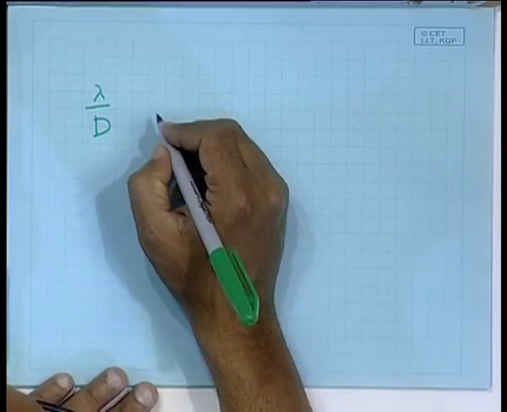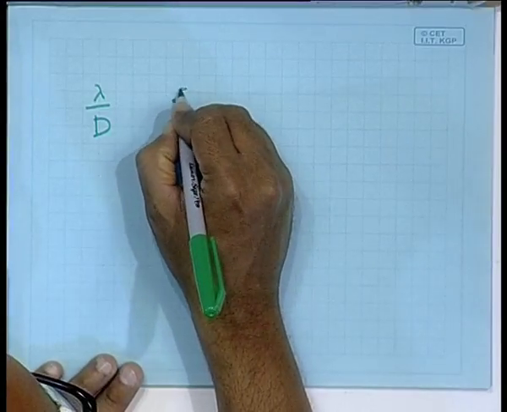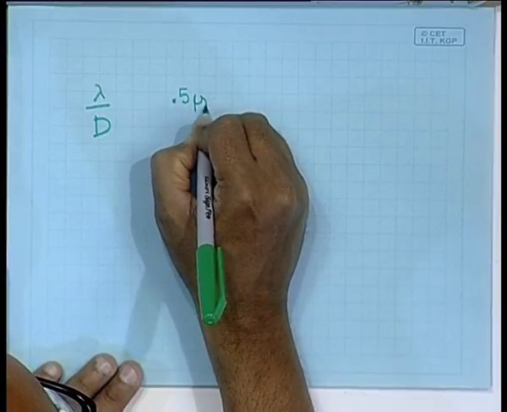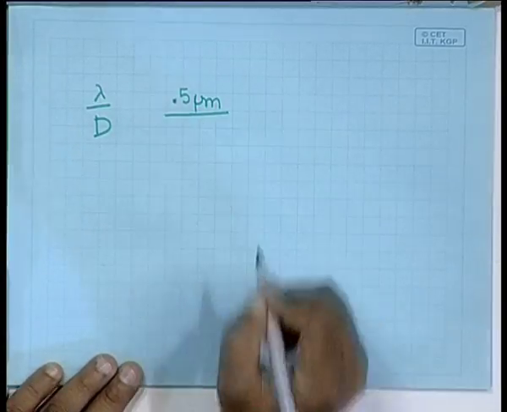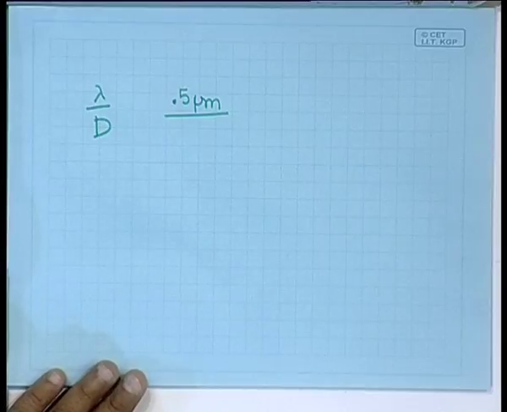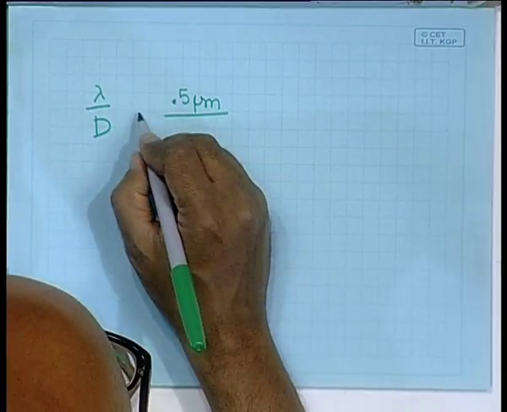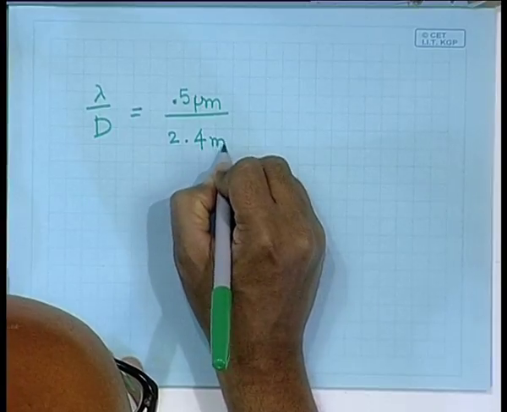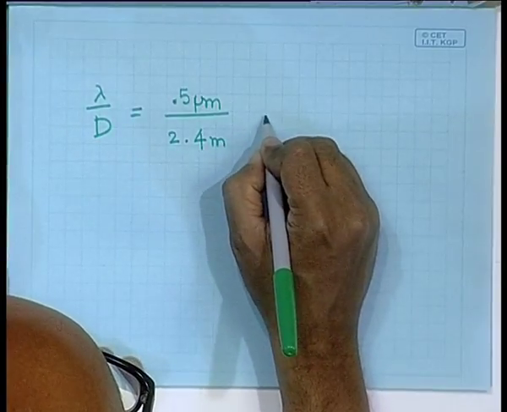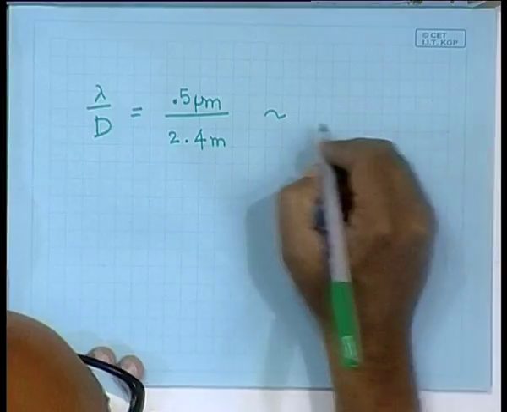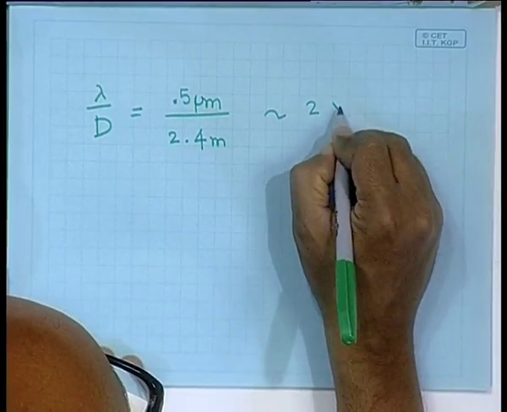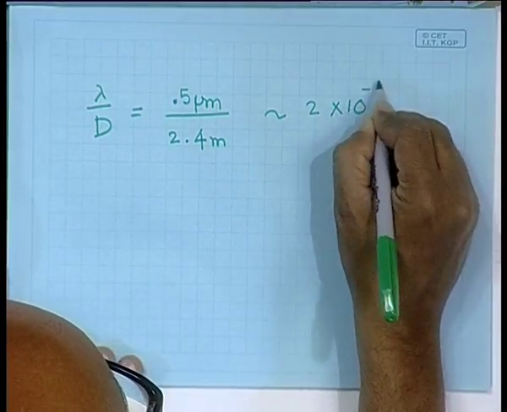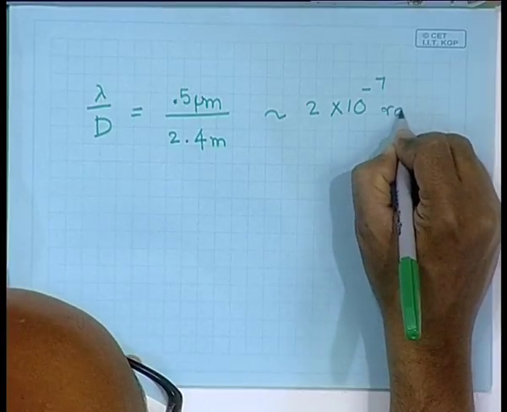So, optical wavelength is of the order of 0.5 micrometers, and the diameter of the Hubble Space Telescope is 2.4 meters. This is approximately equal to 2 into 10 to the power minus 7 radians.